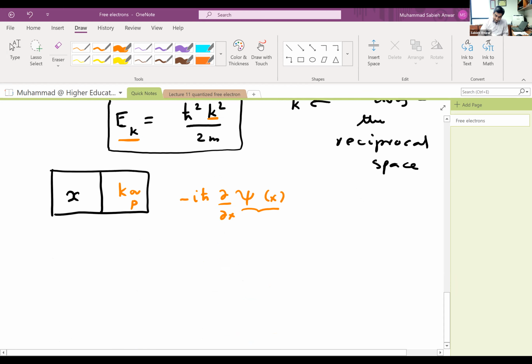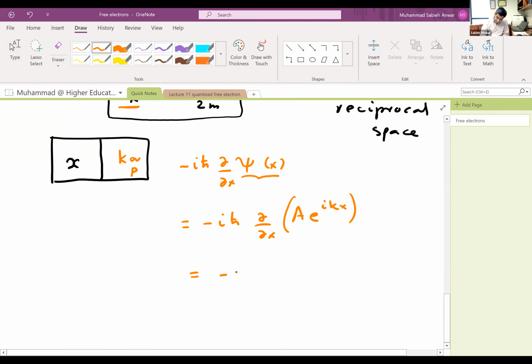So with this, which is no longer an ansatz but a verified solution, if we find the action of the momentum operator on this wave function, this is simply going to give me minus iota h bar times ik times e to the ikx, which is h bar k psi x.